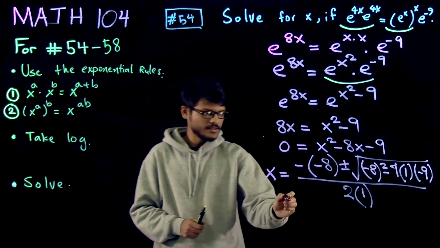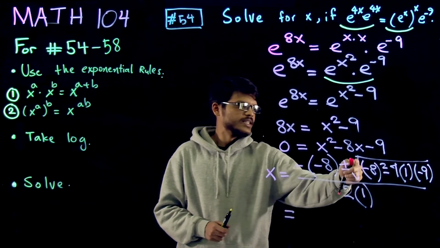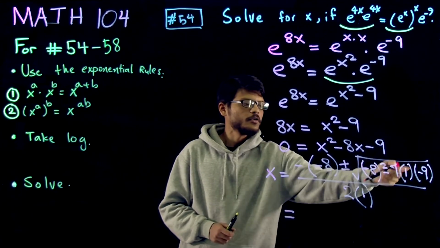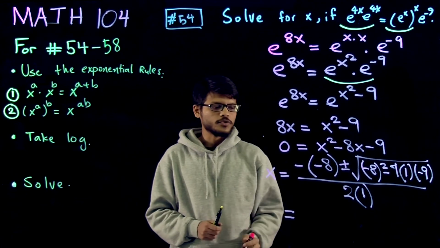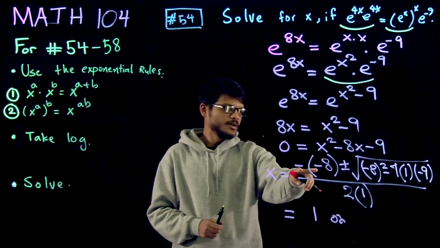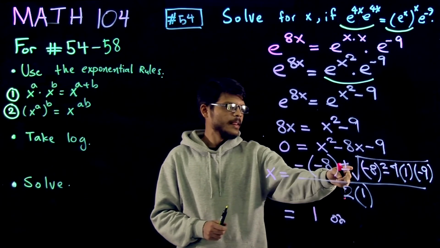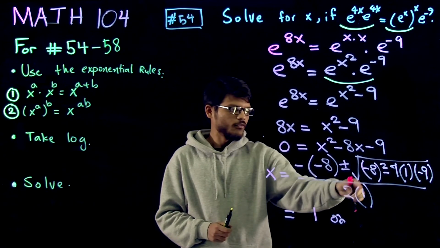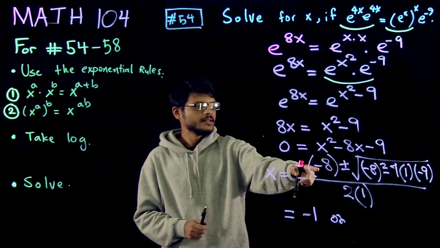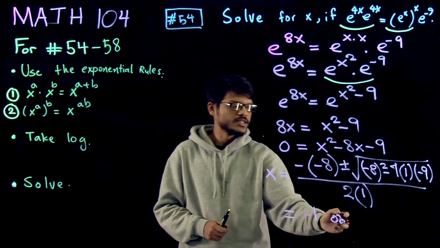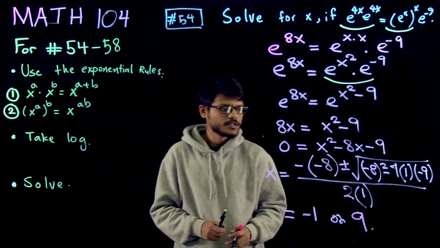This guy over here is 100 and the square root of 100 is 10. So negative 8 plus 10 over 2, that is 1. This one here is 8, and 8 minus 10 over 2 is just negative 1, or 8 plus 10 over 2, which is 9. So we are getting two solutions for this problem.